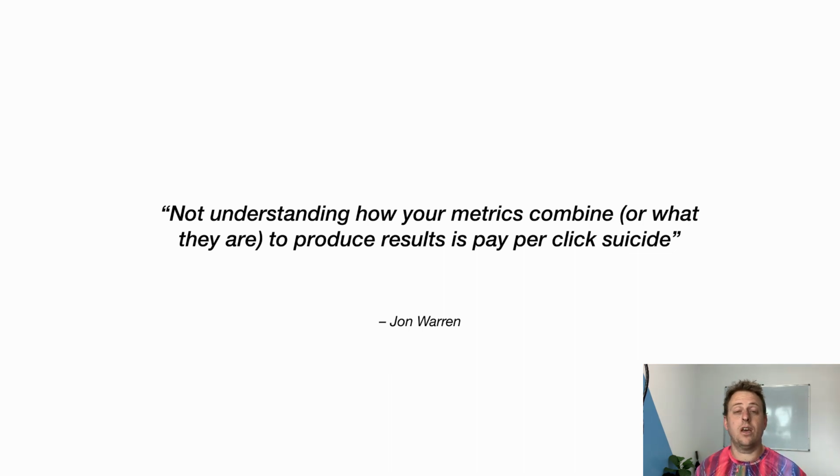So in this first video, what we're going to do is look at some of the baseline numbers that you must know when you're trying to sell something with Google Ads. And then we're going to start to look at how those numbers combine to help you work out how much you should be bidding and how much you need to be spending on Google Ads per sale to be profitable.